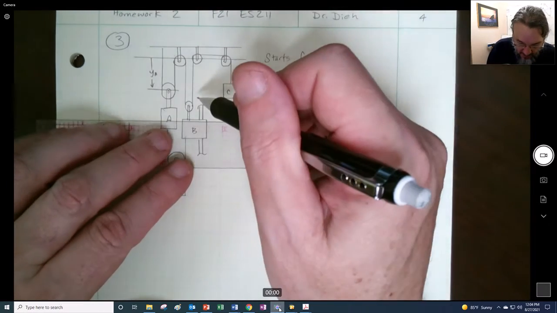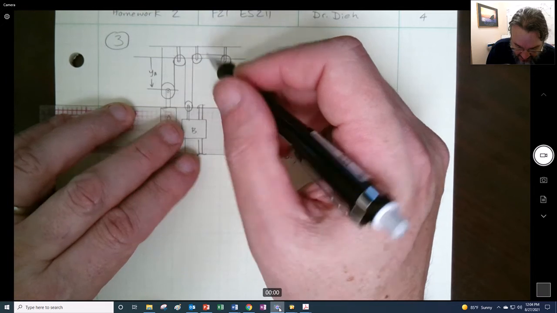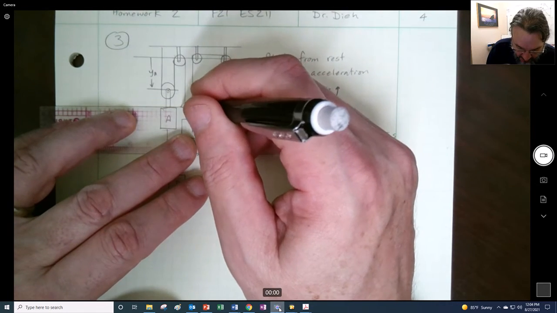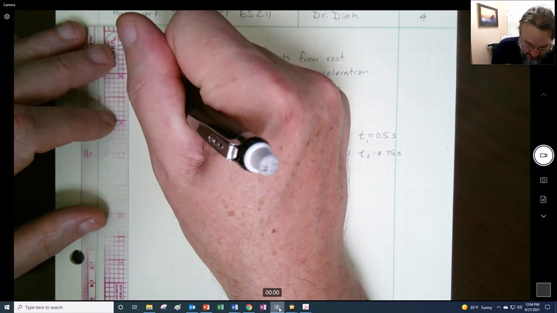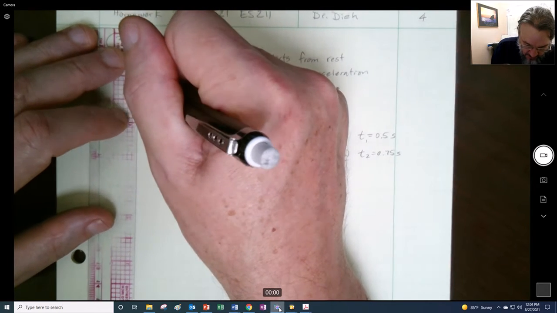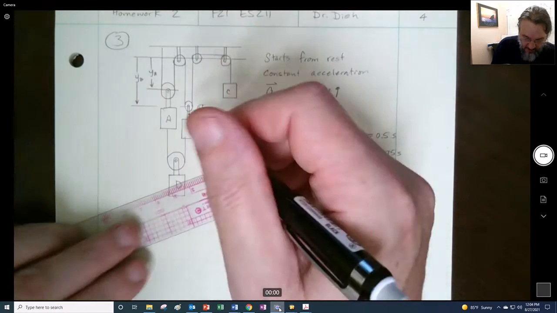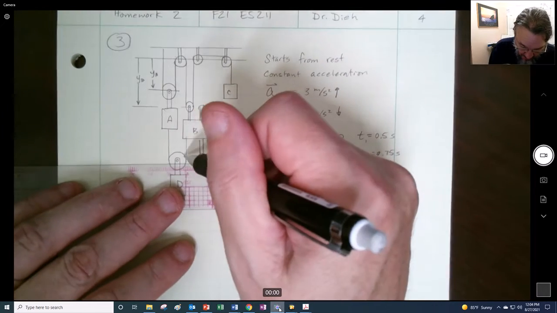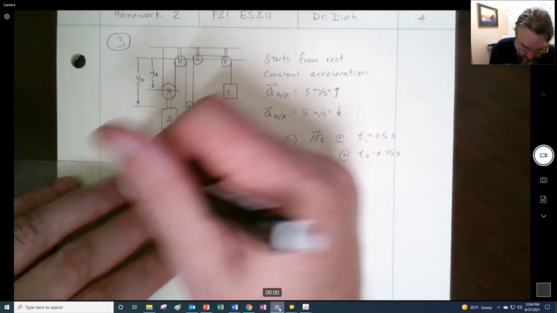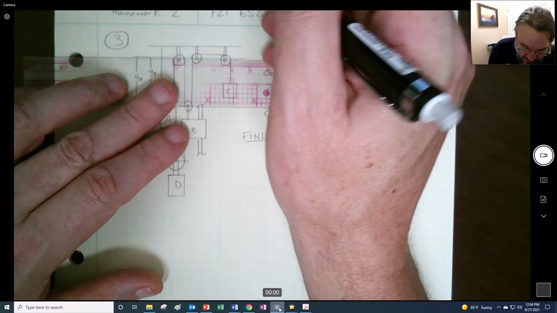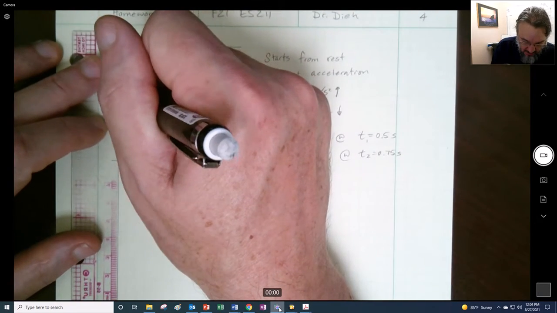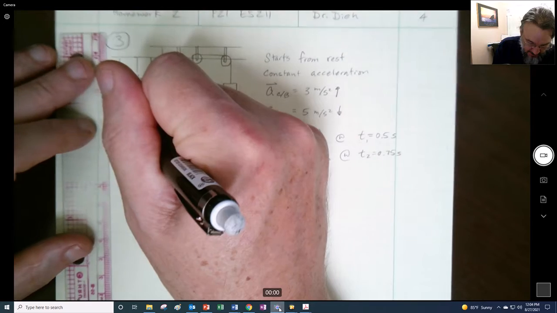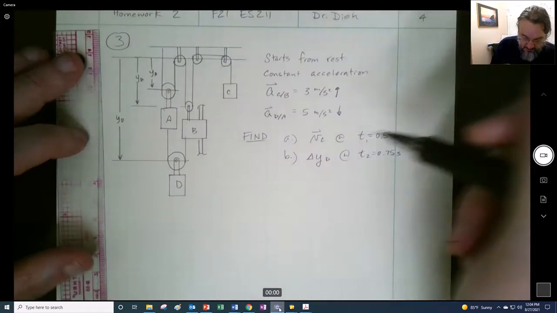I'll cross over there, it's not very good draftsmanship, but hopefully we'll be able to see. There's YB right there, and then YD. Maybe I need to extend my datum down, and then go YD right down to there.